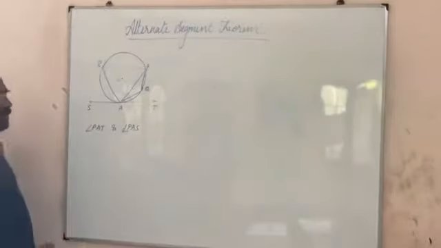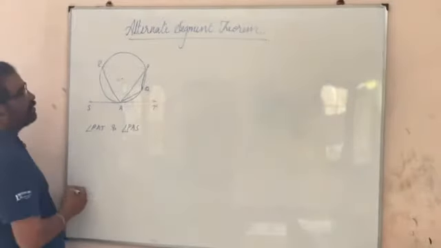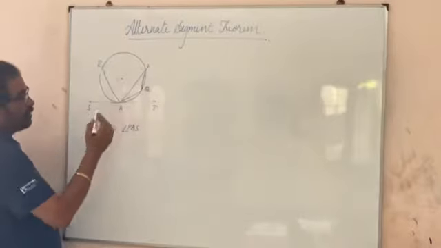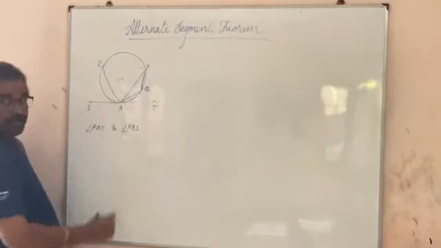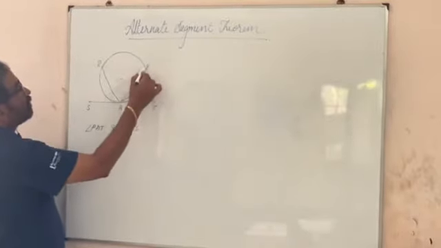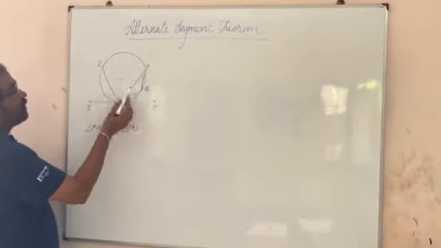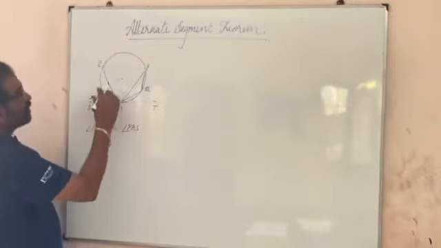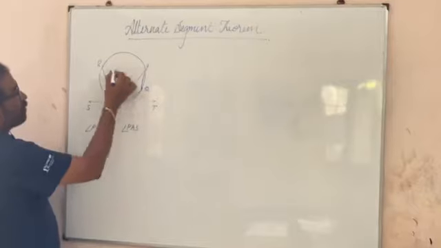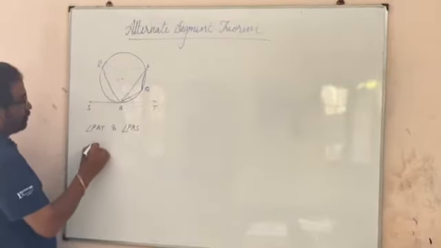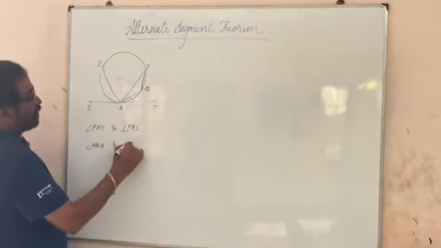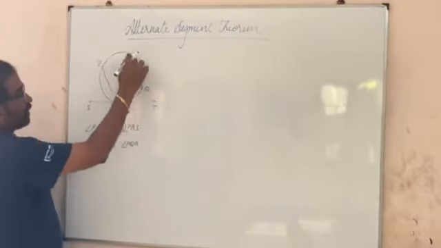At first we saw the angles made by the tangent and the chord, that is PAT and PAS. Now the angles made by the chord in the alternate segments. This chord makes angle PRA in the major segment and angle PQA in the minor segment.